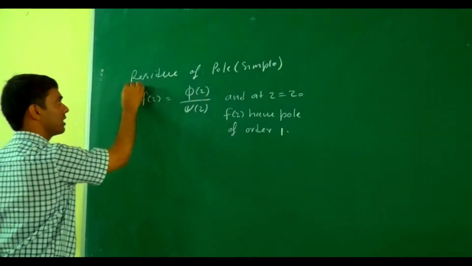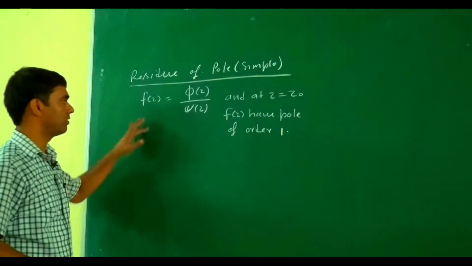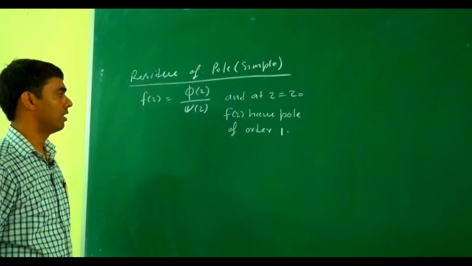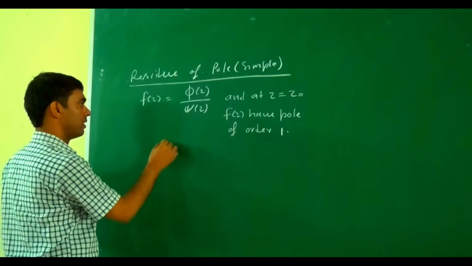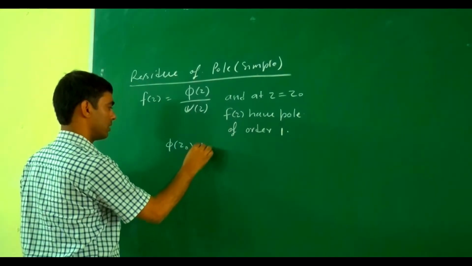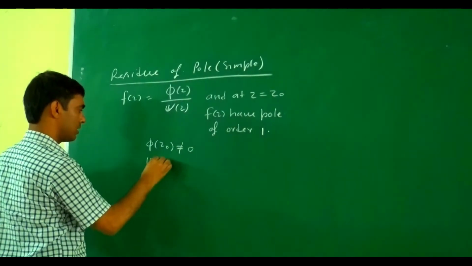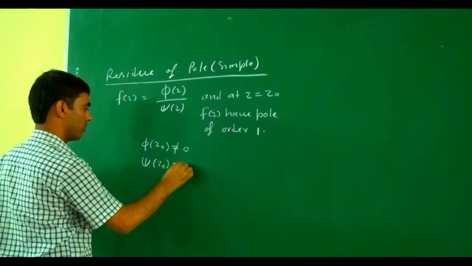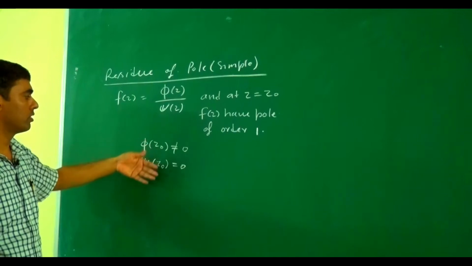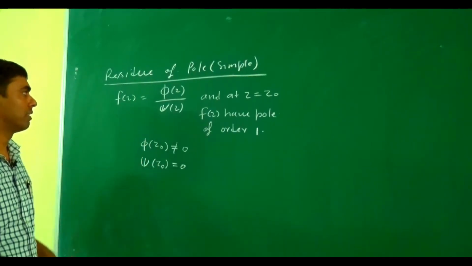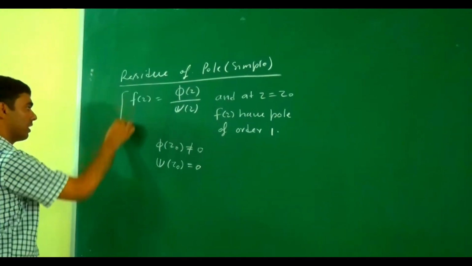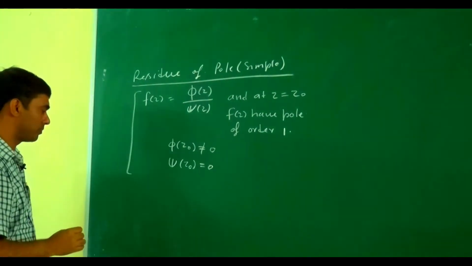So if the function is given in the form f(z) equals phi(z) upon psi(z), and at z equals z0 f(z) has a pole, with phi(z0) not equal to 0 and psi(z0) equal to 0, obviously psi(z0) equals 0 because the denominator equals 0, then this is a singular point.